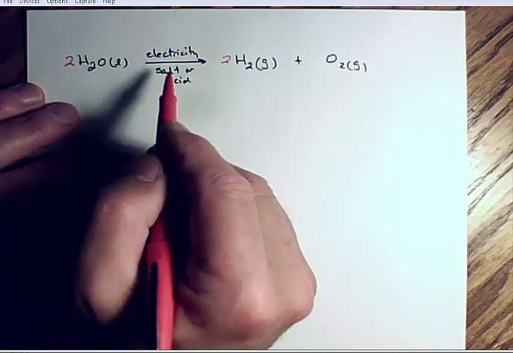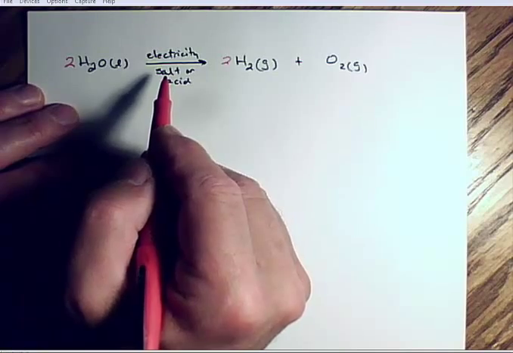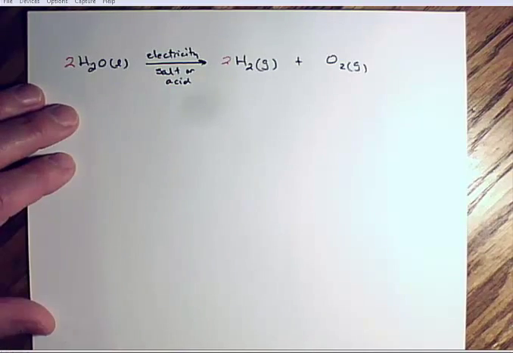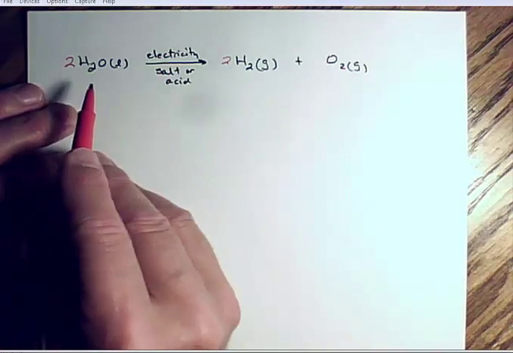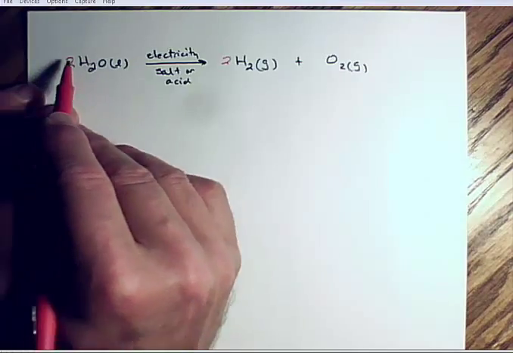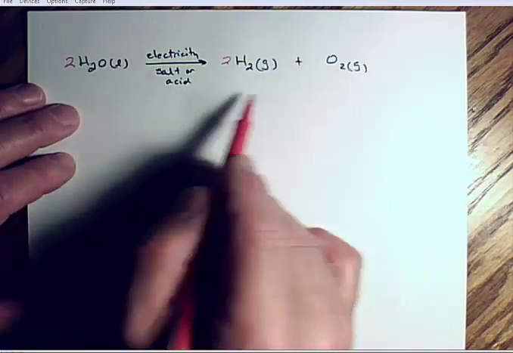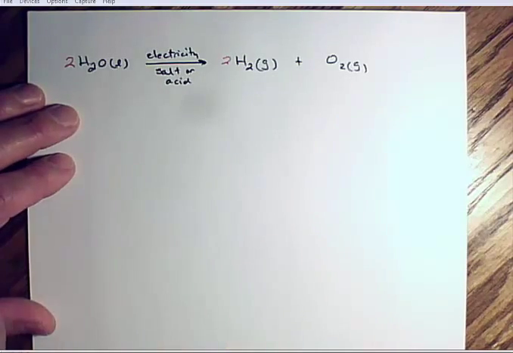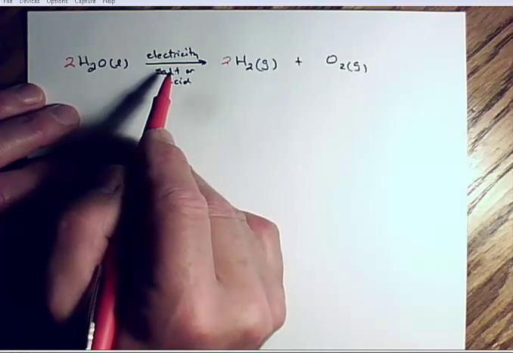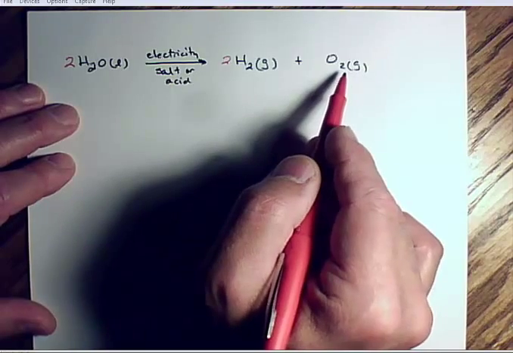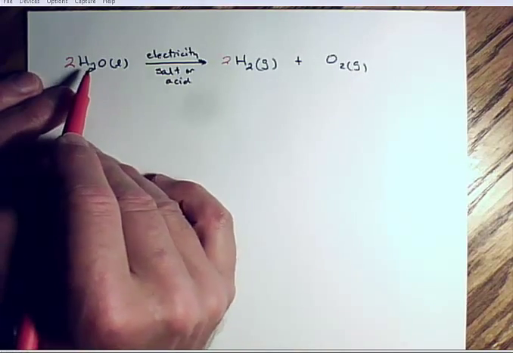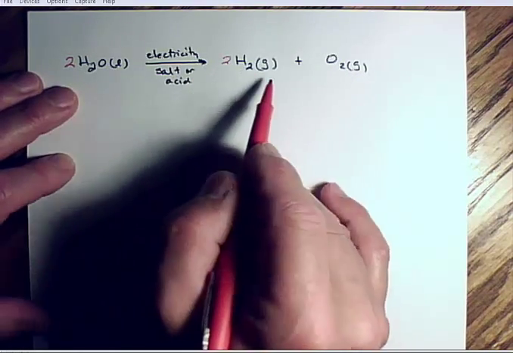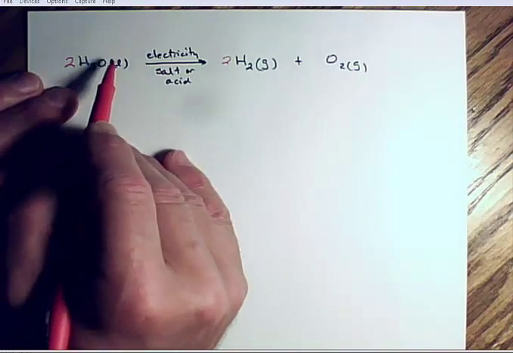All right, so here's what we're doing. We're putting energy into the system. Remember we talked about systems and surroundings yesterday? This is our system. This whole process here, all the chemicals and the changes going on, is part of our system. We're putting energy into it to get this to happen. So as we go from this to this, this side has more stored energy than this.